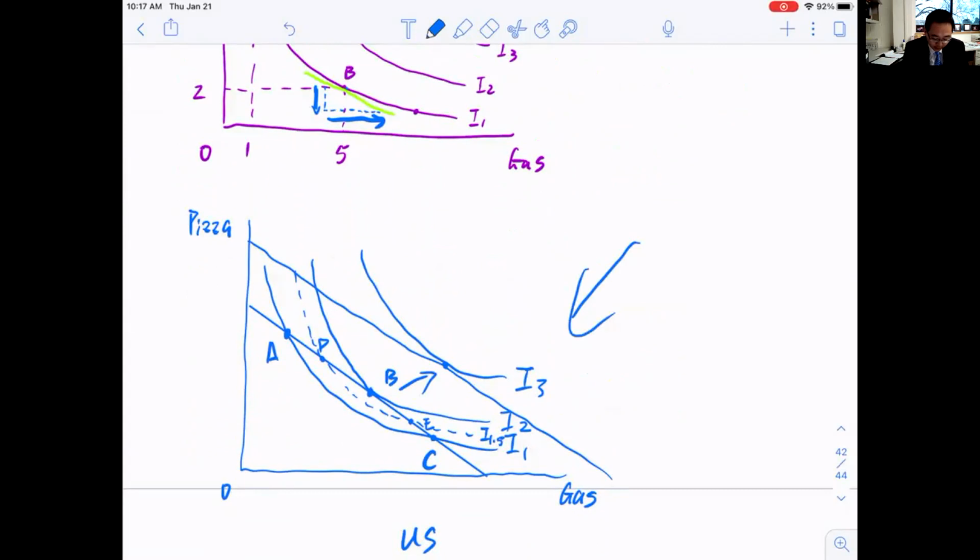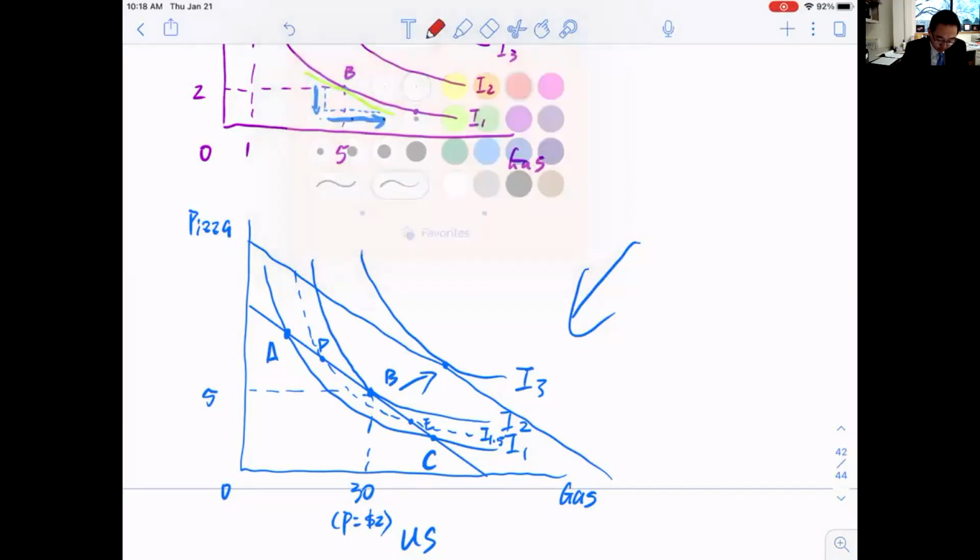We can say, okay, if point B was your optimal point, and let's give it a quantity where this is 5 pizzas and 30 gallons of gas, but that's when gas is assumed to be $2. Okay. Now let's say that gas becomes $1 per gallon.